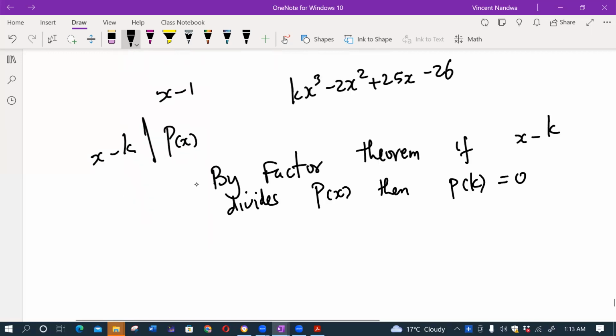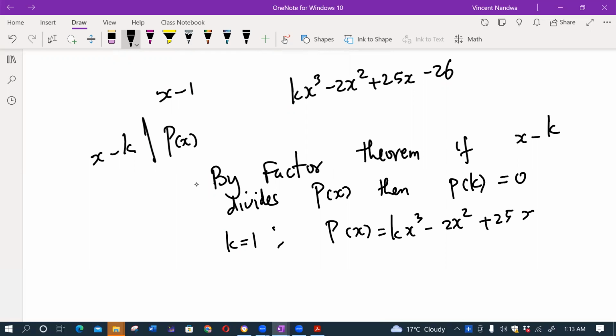So in our case, k is 1, and p of x is kx power 3 minus 2x squared plus 25x minus 26. So which means p of 1 should be 0 by factor theorem.